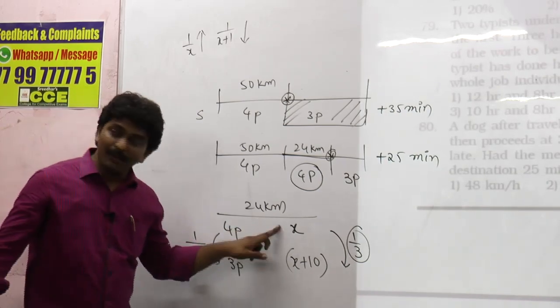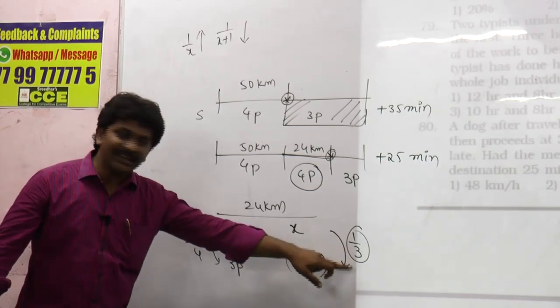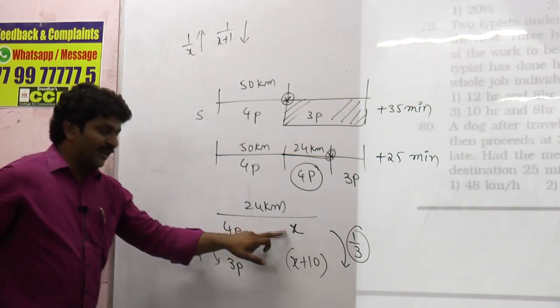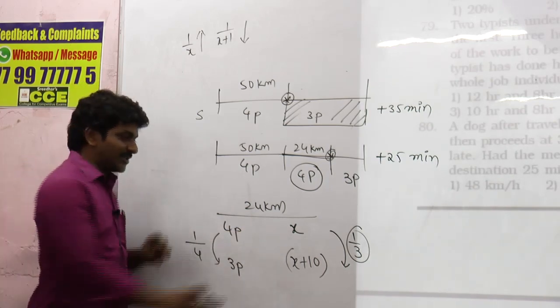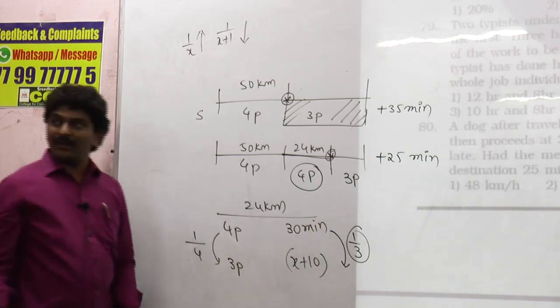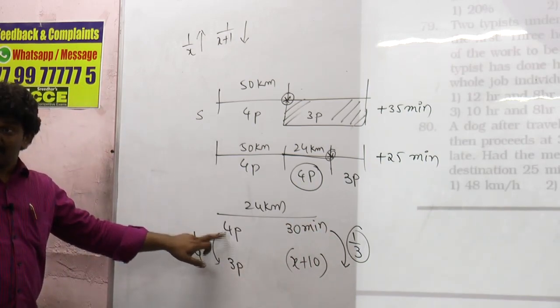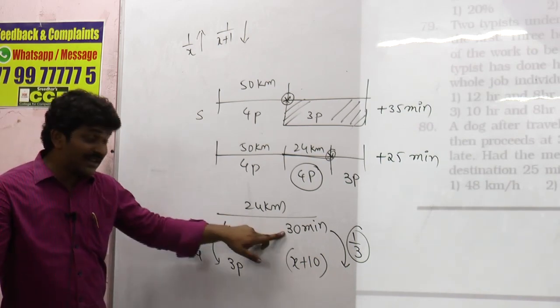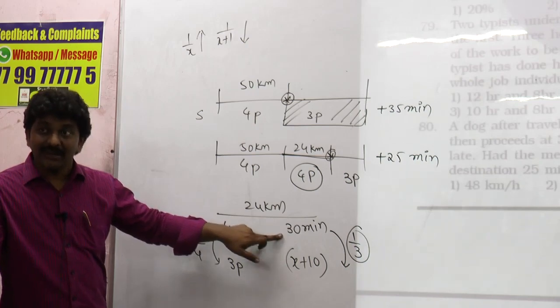So time increased by how much? 10 minutes. So 1/3 is 10 minutes. Then 1 is 30 minutes. So original time is 30 minutes. With usual speed, he can cover 24 kilometers in 30 minutes.